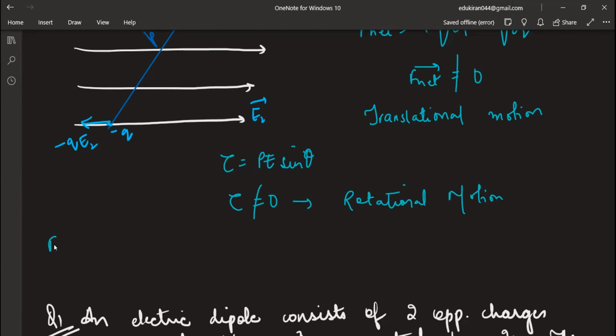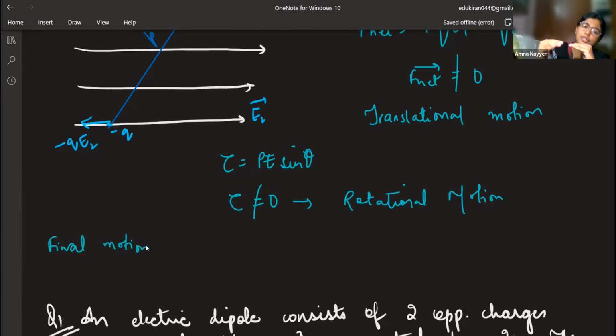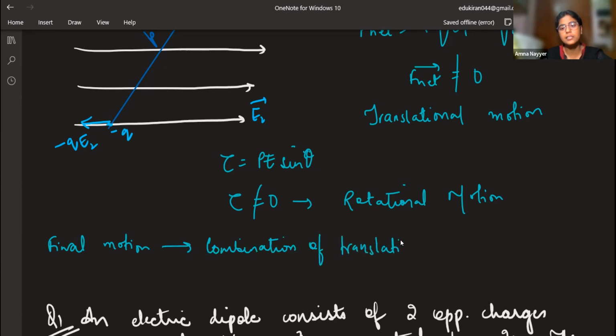So you will say the final motion is a combination of translational as well as rotational motion.